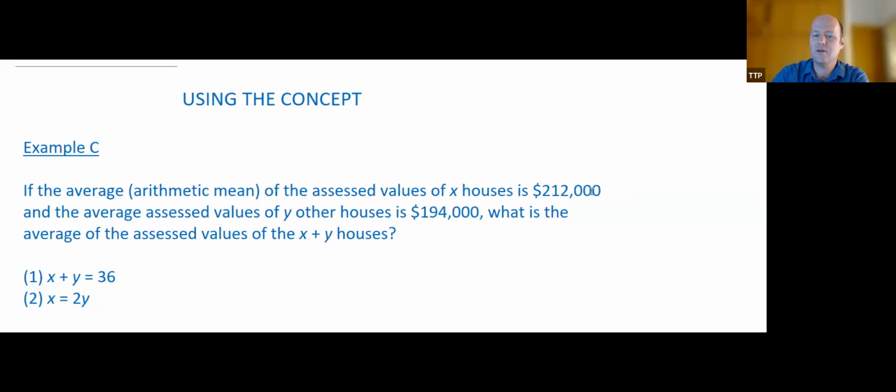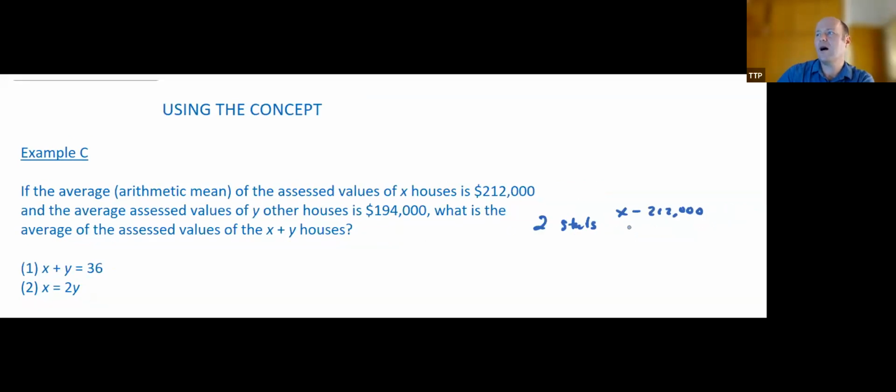Okay. So what we're dealing with here is we've got our two stats: the X price of 212K and the Y stat of 194K.